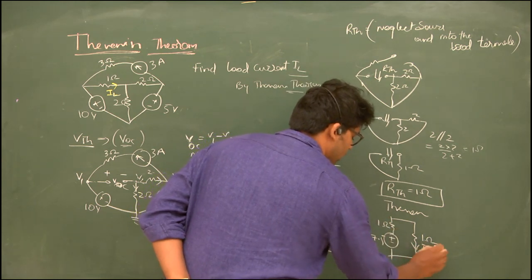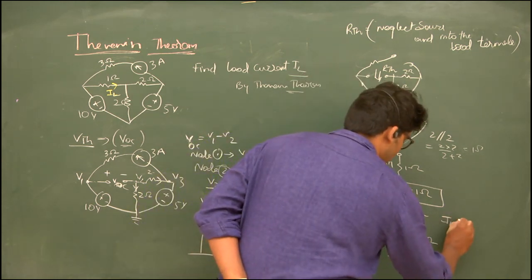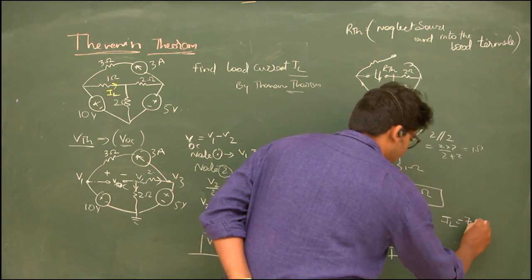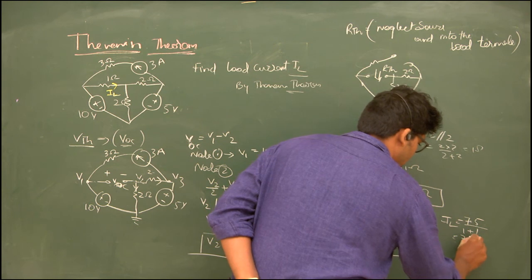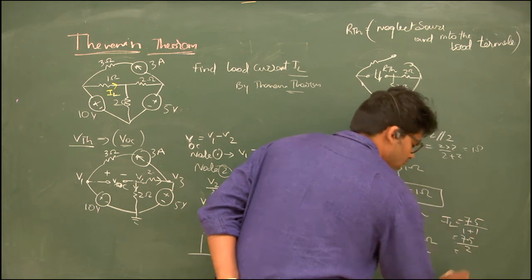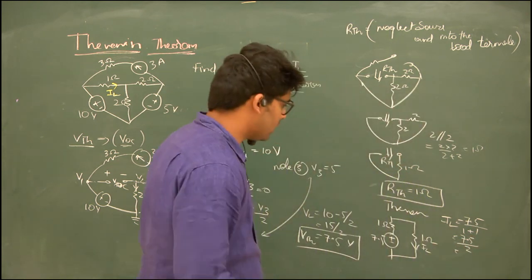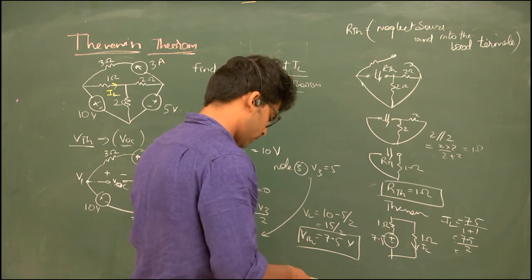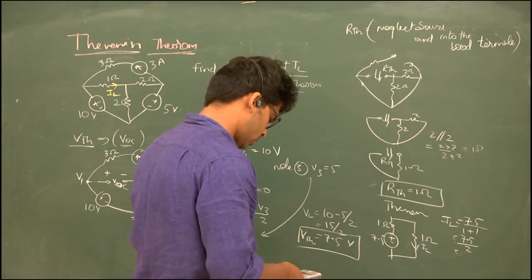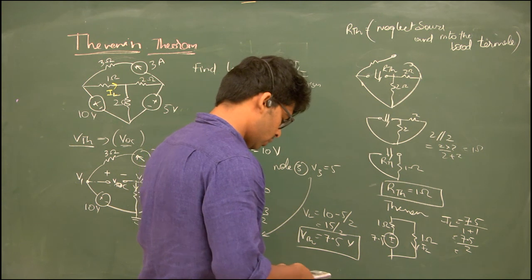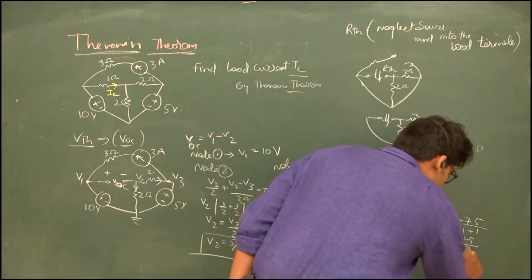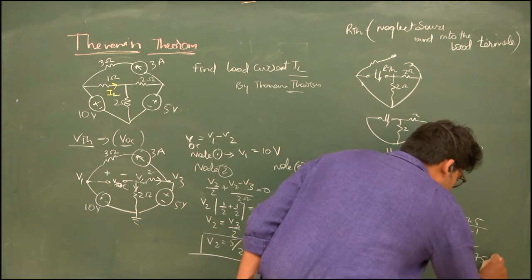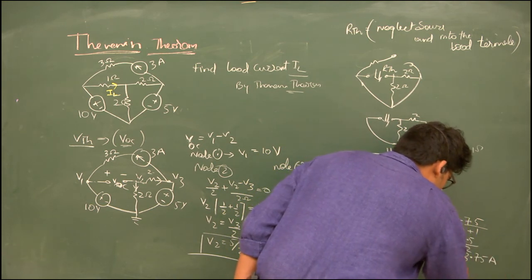Therefore IL equal to 7.5 divided by 1 plus 1, that is 7.5 by 2. So the value you get here is 3.75 amps.